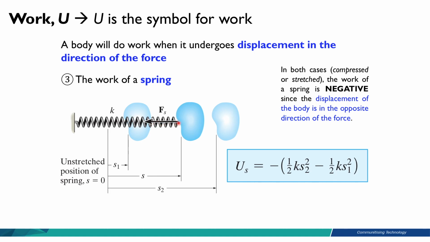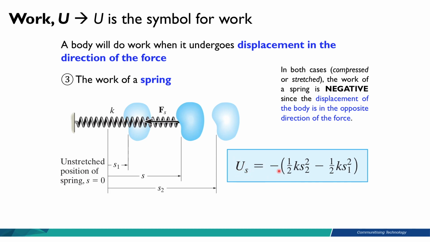If the spring is stretched, the spring will try to go back to its original position, and therefore the force is also in the opposite direction of the displacement, and therefore the work done by the spring is negative, and it is given by this equation here.